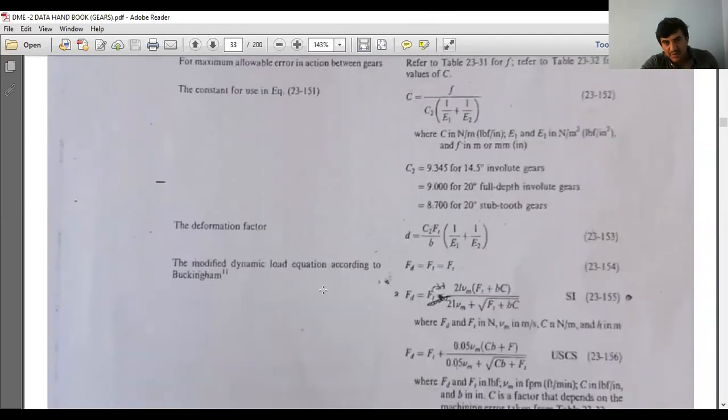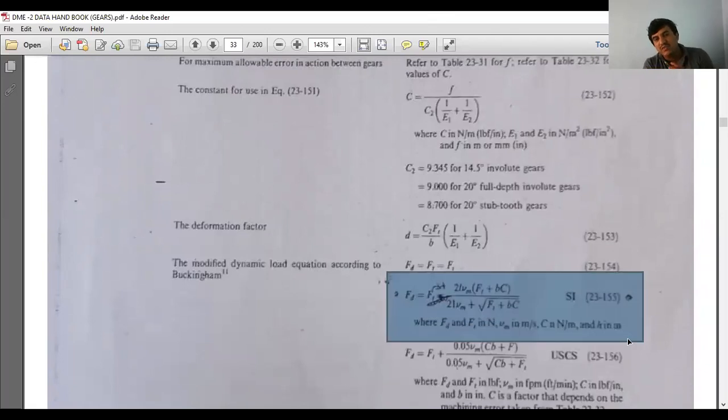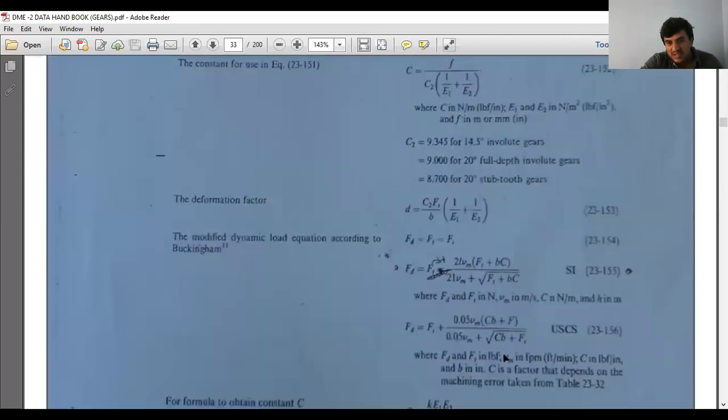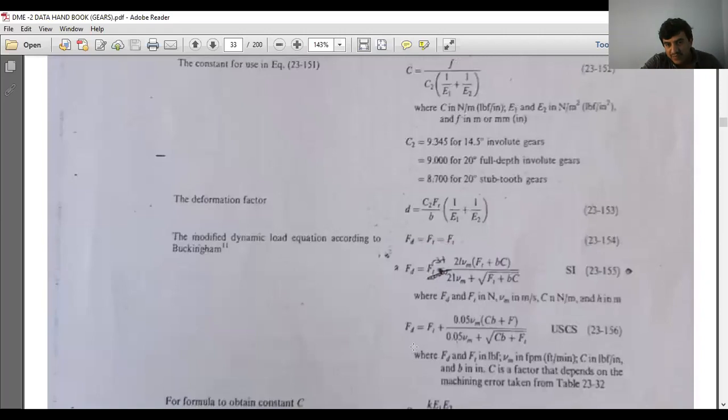The modified dynamic load equation according to Buckingham's equation is Fd equal to Ft plus (21 Vm into (b C plus Ft)) divided by (21 Vm plus square root of (b C plus Ft)). Make this correction in the data book also. Here the only unknown is capital C. What is C here? C is a velocity factor that depends upon the matching error from table 23.32.